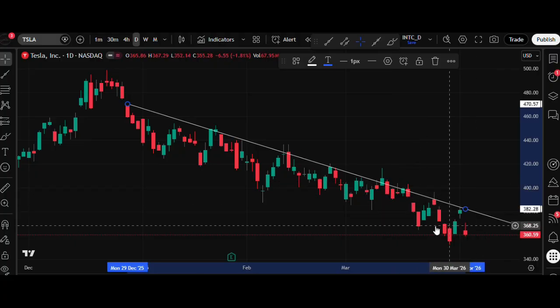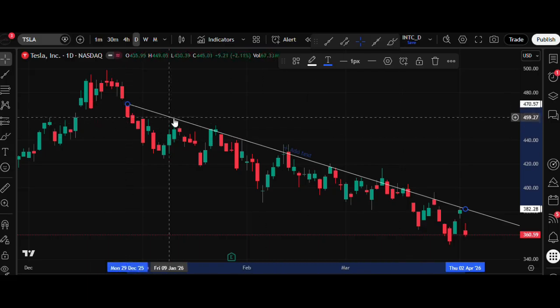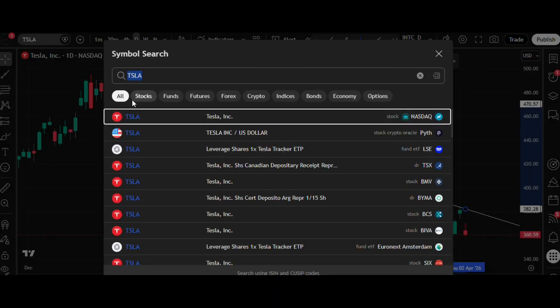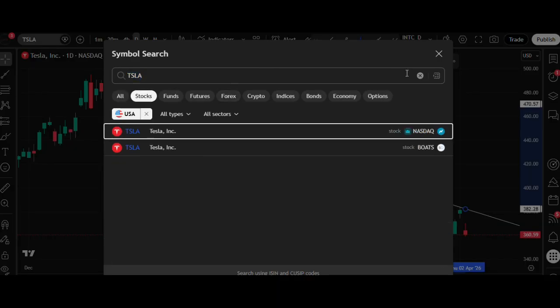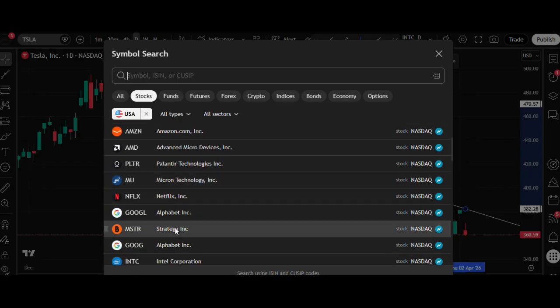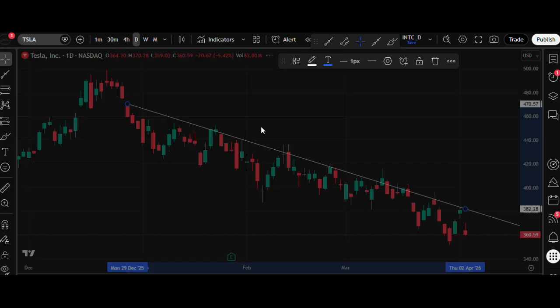So what I'm trying to say about trend lines is that if you are able to draw upward and downward trend lines, it's going to tell you where the support and resistance are. As simple as that. You can do this to any stock in the market, and you will easily see a pattern. Let's look at, say, Avgo.